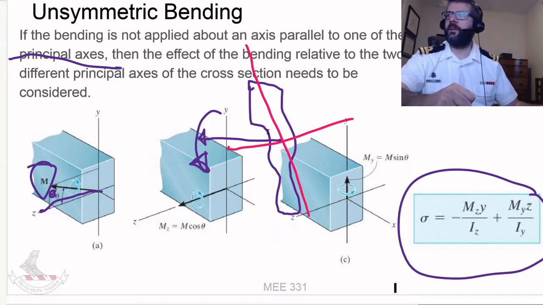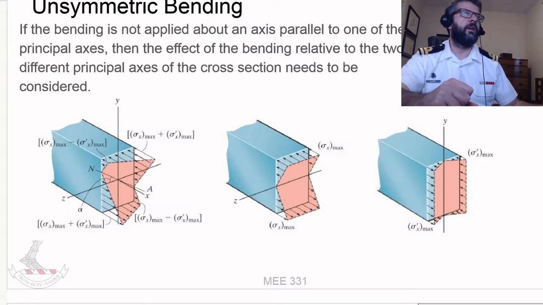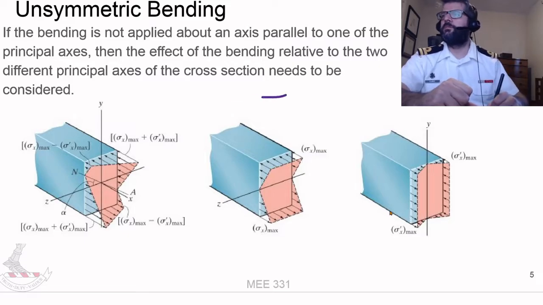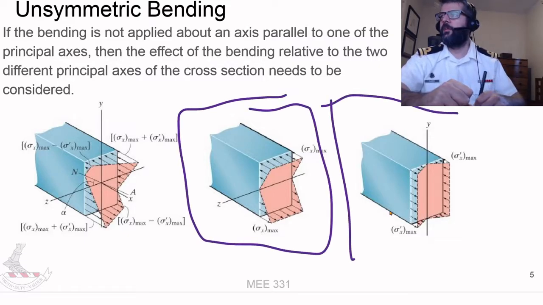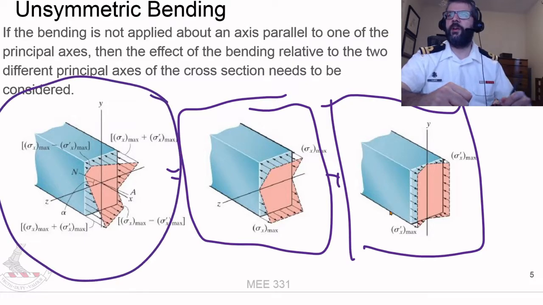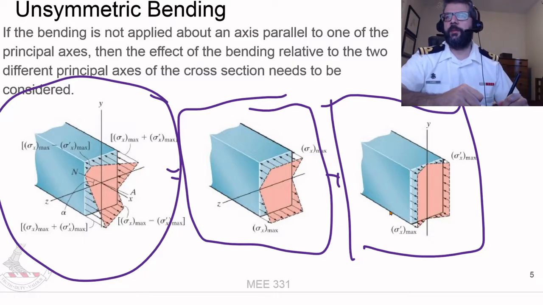Now, here's the stress distribution that we get for one of those effects about the z-axis and one of those effects about the y-axis, and we just need to add those two things together in order to get our actual situation here. So you're going to end up having a certain maximum stress and a certain minimum stress.